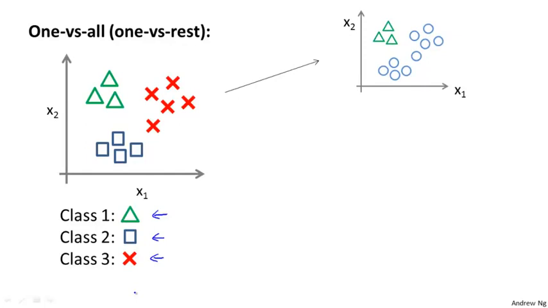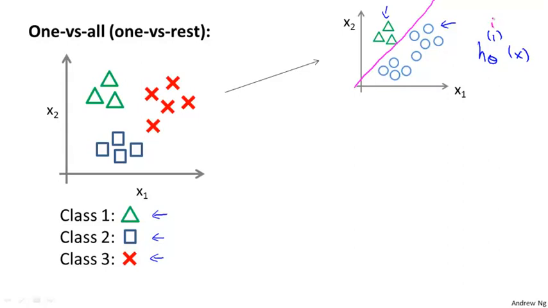We're going to create a new training set like that shown on the right, and we're going to fit a classifier, which I'm going to call h subscript theta superscript 1 of x, where here the triangles are the positive examples and the circles are the negative examples. So think of the triangles being assigned the value of 1 and the circles the value of 0. And we're just going to train a standard logistic regression classifier, and maybe that will give us a decision boundary that looks like that.